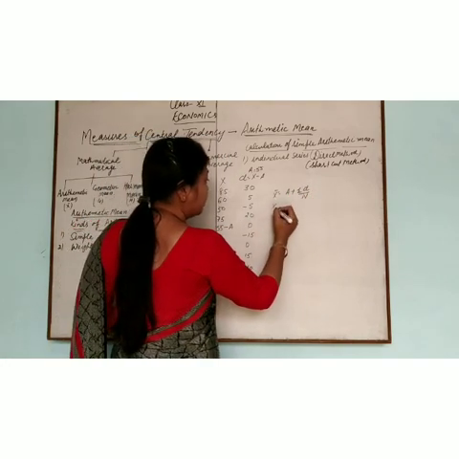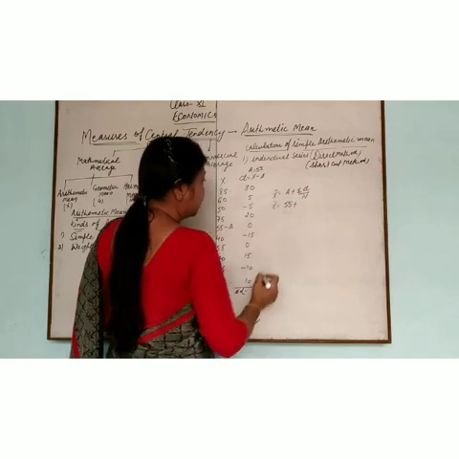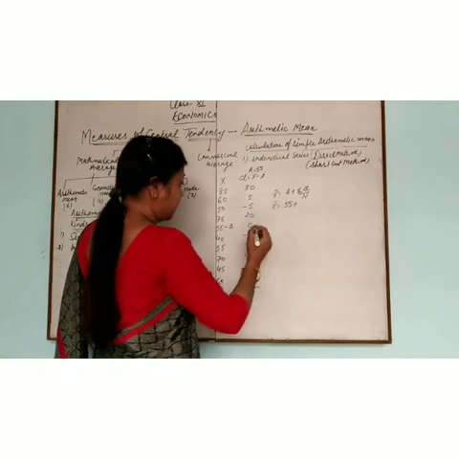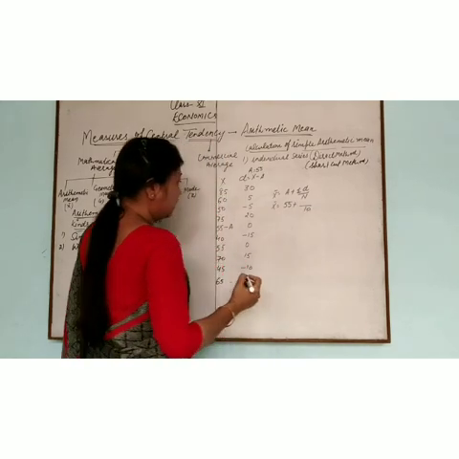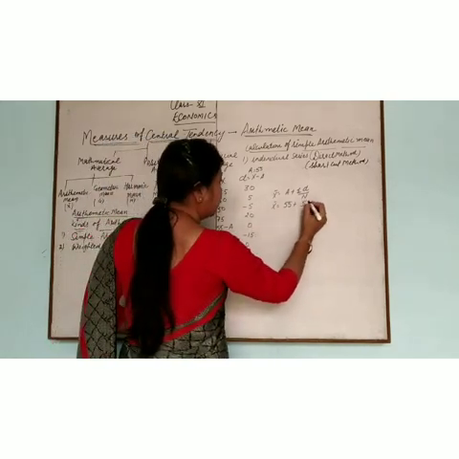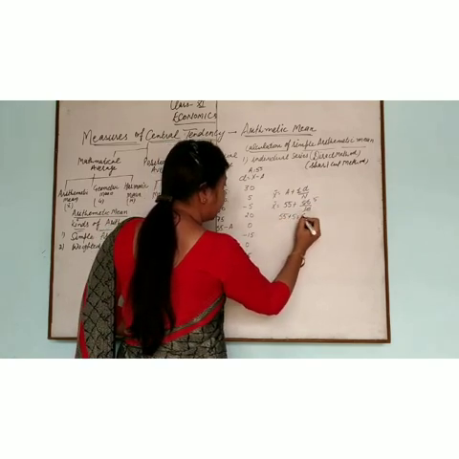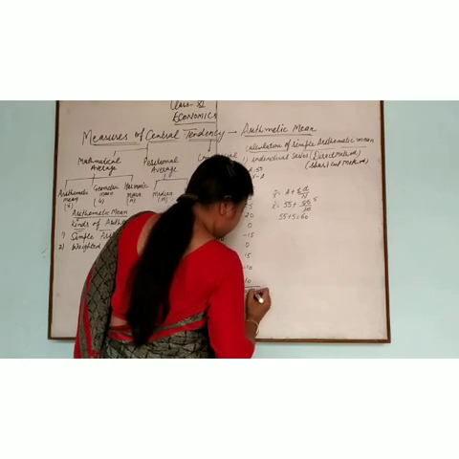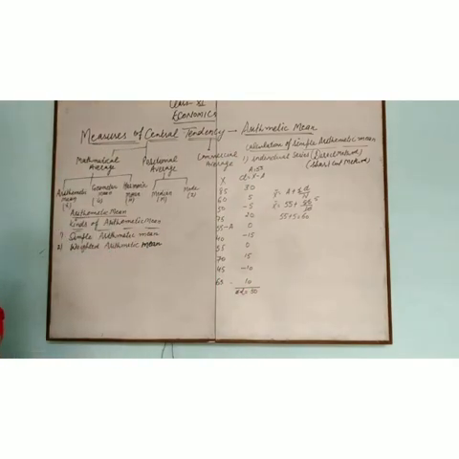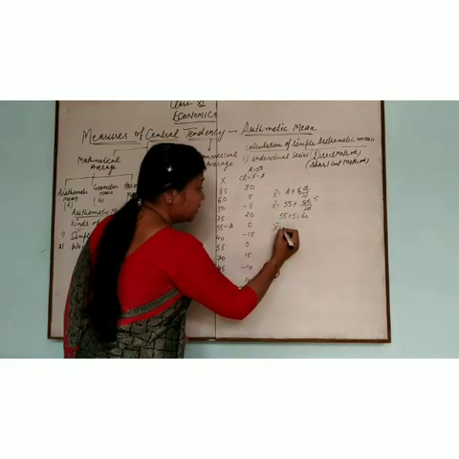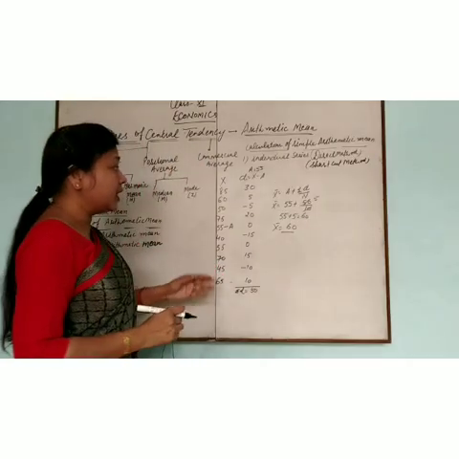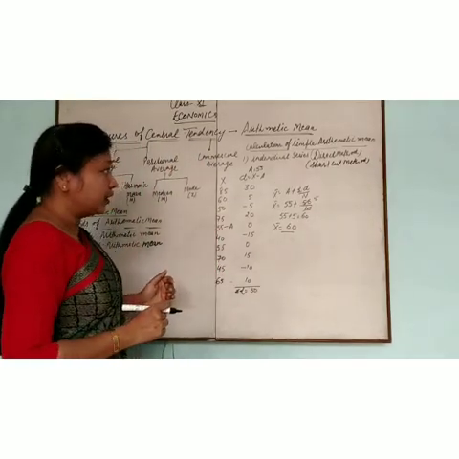Here A is equal to 55 plus summation d is 50, n is equal to 10. So that is equal to 55 plus 5, that is equal to 60. X bar is equal to 60. This is our answer using the shortcut method.